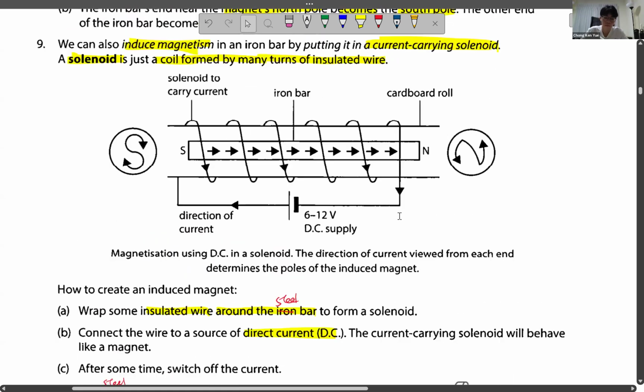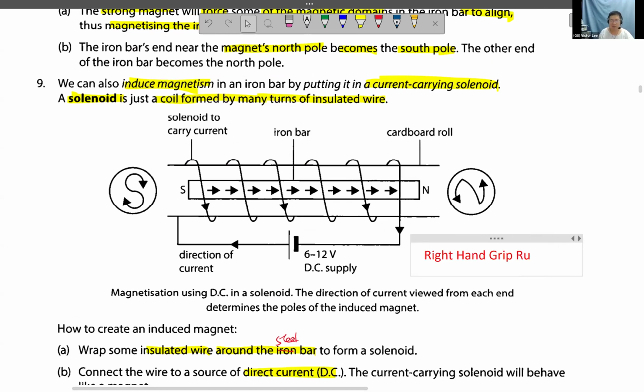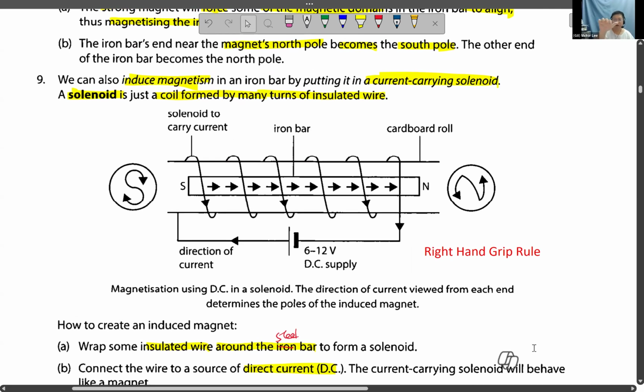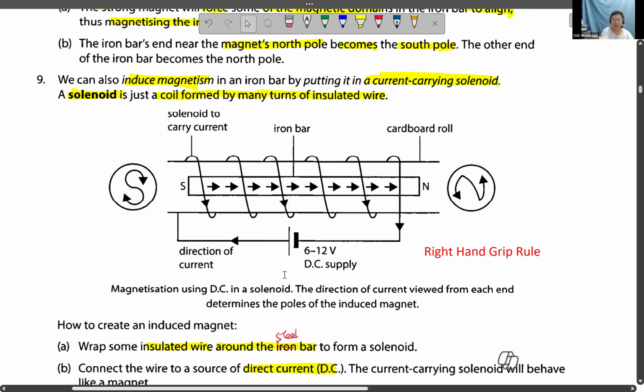Now, how to find direction? I use the right hand grip rule. So what does it mean? When my fingers show the current flow, my thumb points to the north pole. Can you align with me? Put a hand up and imagine the current flowing from the back to the front.